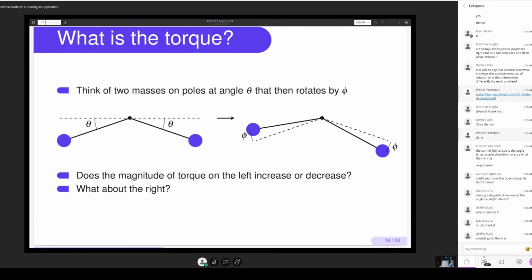So why don't we try thinking about the right mass instead. Does the right mass increase or decrease its torque?